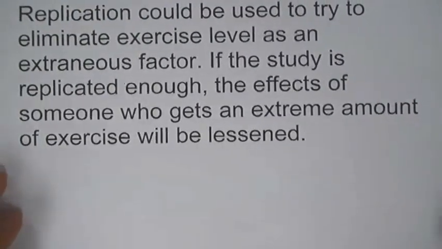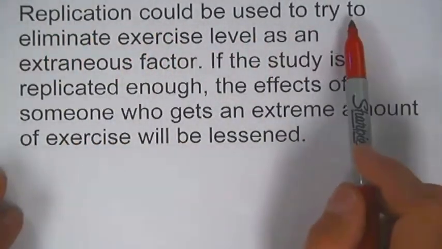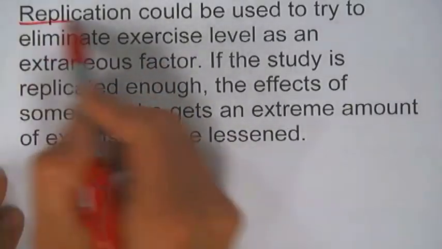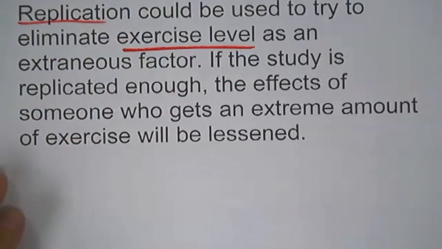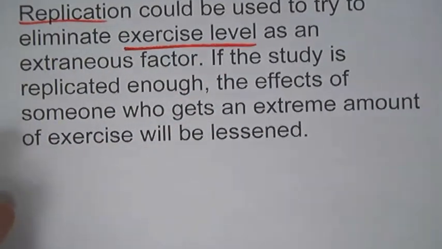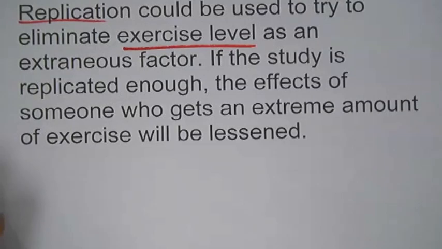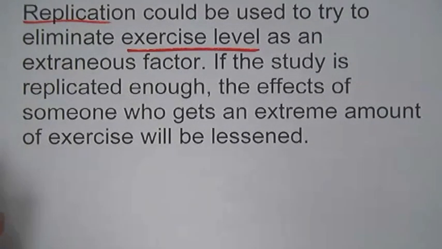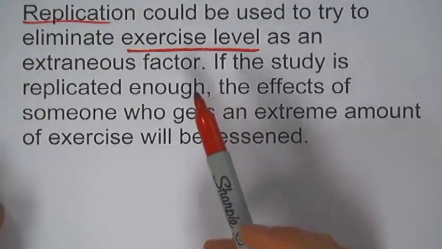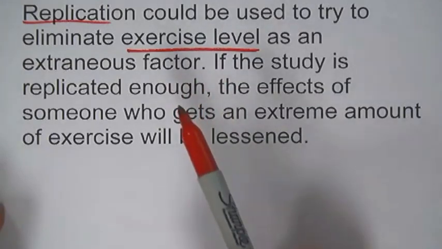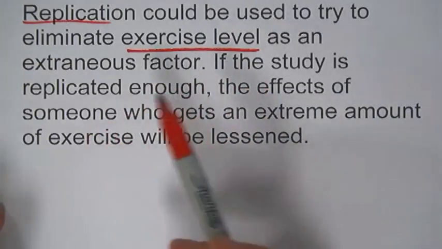And replication could be used to try to eliminate exercise level as an extraneous factor. If the study is replicated enough, the effects of somebody who gets an extreme amount of exercise will be lessened. So if you get a few people that are those marathon runners who just exercise all the time, chances are there's not going to be a lot of them in the study.